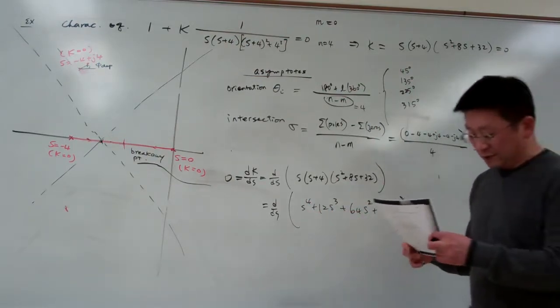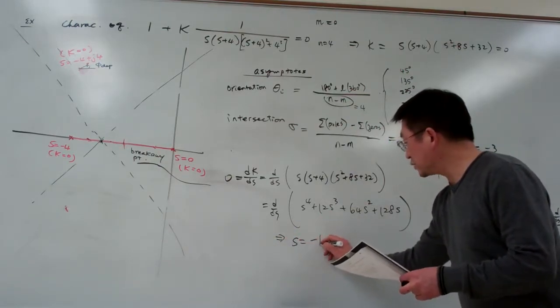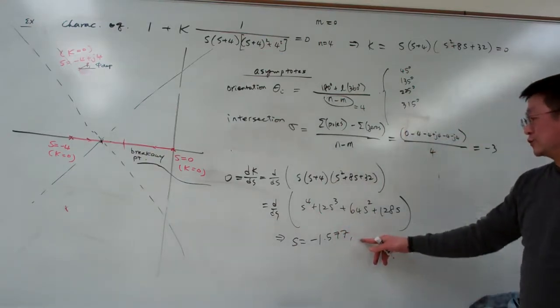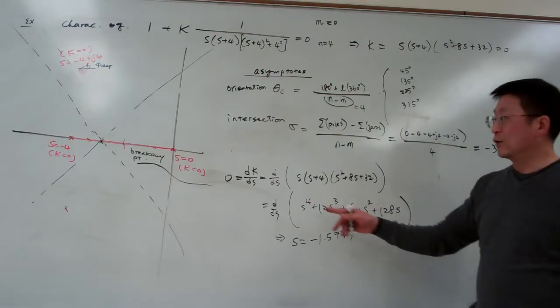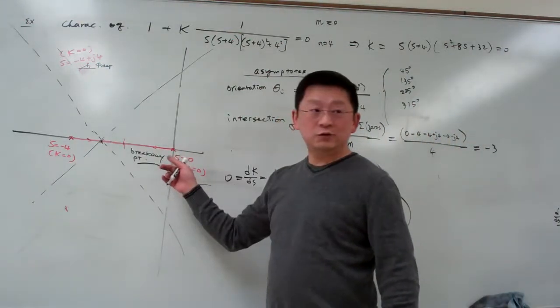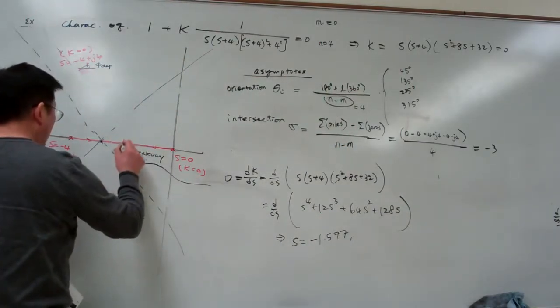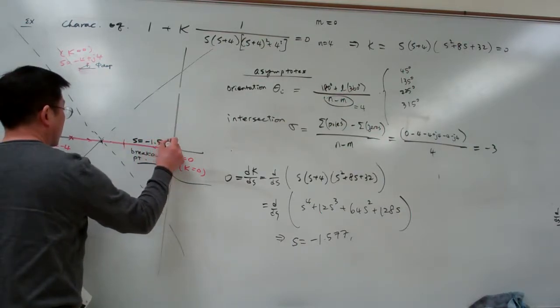Then you should be able to find s equal to minus 1.577 in addition to the other two. The other two apparently won't fit into this range, so we'll pick out this one. So the breakaway point is s equal to minus 1.577.